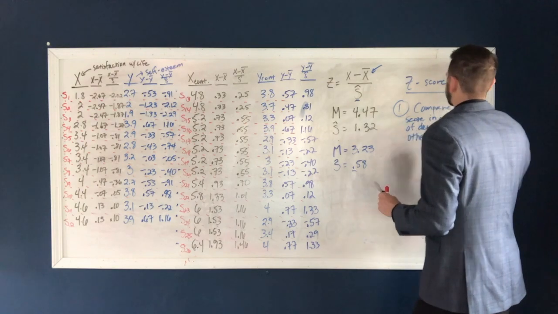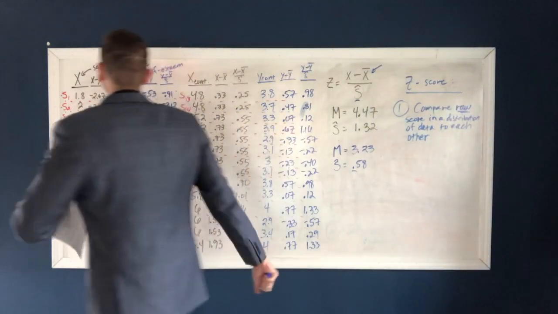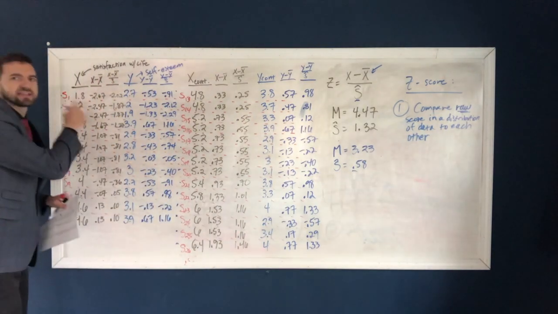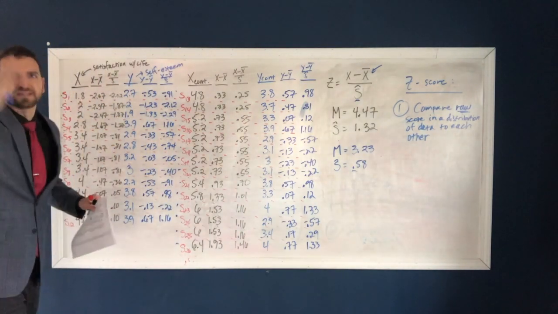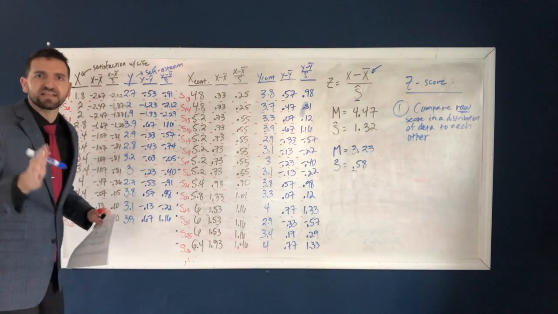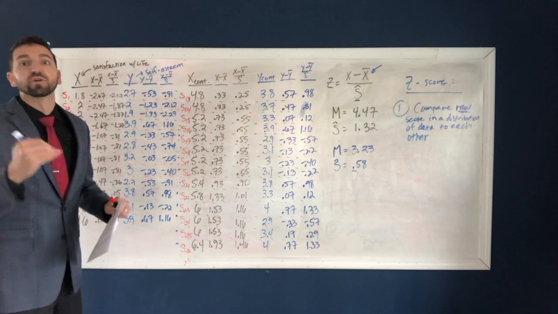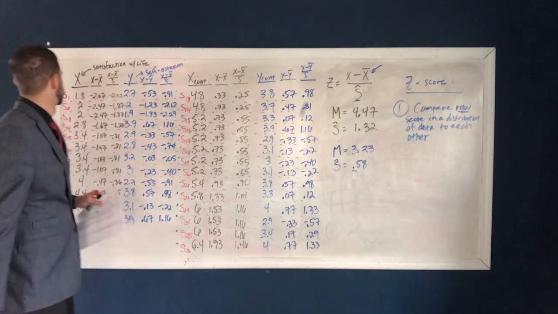That sounds pretty good. Okay, so what do I mean? Well, your x and y mean raw scores. Your zx and your zy would be your z-scores, or your transformed raw scores.